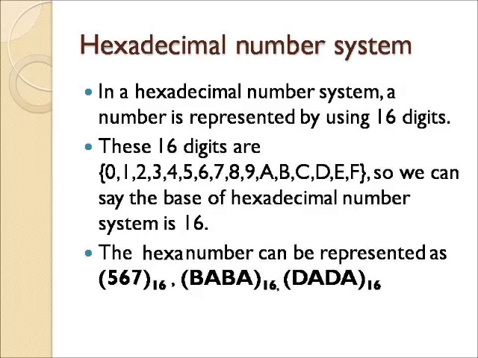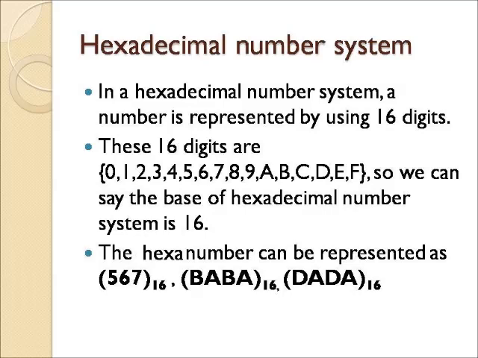The 16 digits range from 0 to 9, then from A to F. As we are using 16 individual characters to represent the hexadecimal number system, we can say the base of the hexadecimal system is 16.